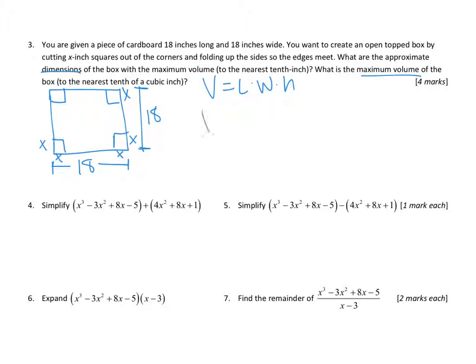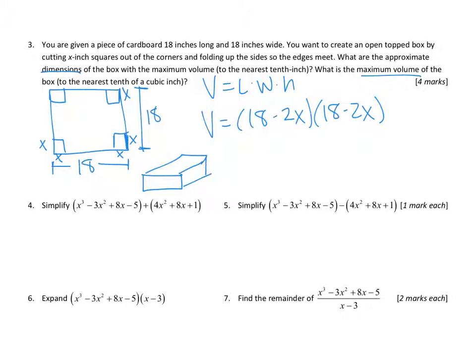So the length and width are actually going to be the same. 18 minus 2x, 18 minus 2x. So it's 2x because we're cutting this x off of both sides. So that's where that 2x is coming from. Now, when we fold this up to create a box, the height of that box is x. So the height is x.